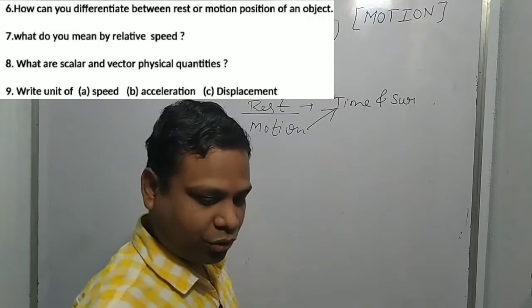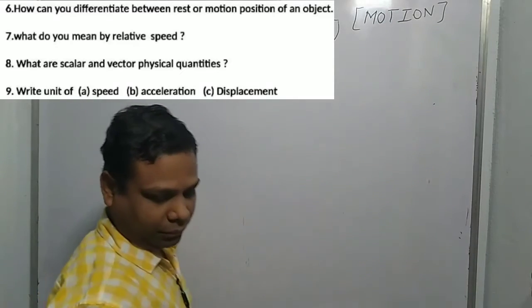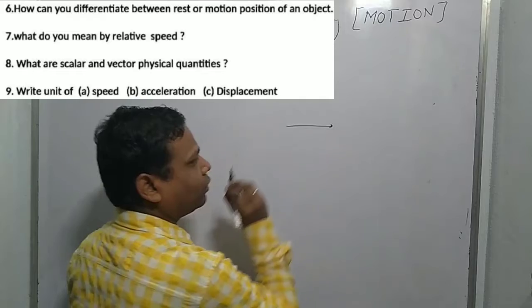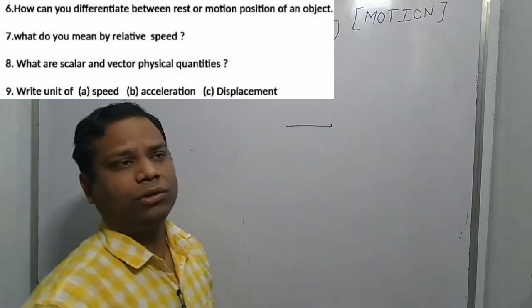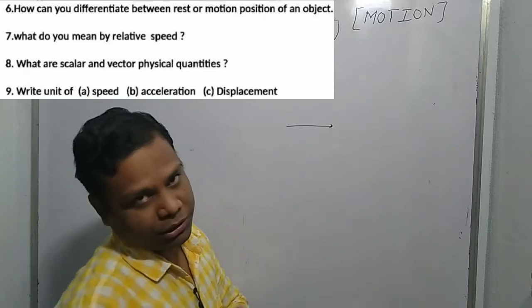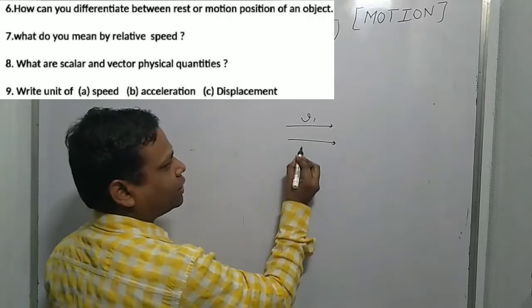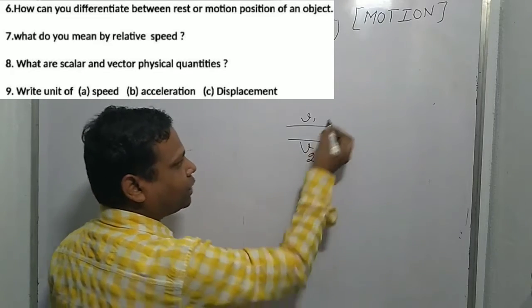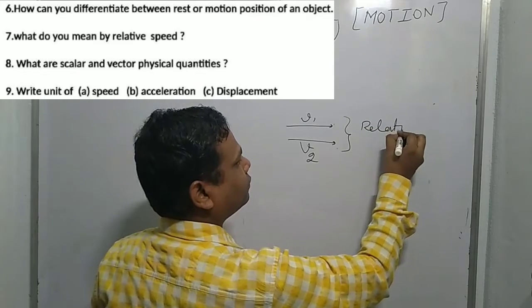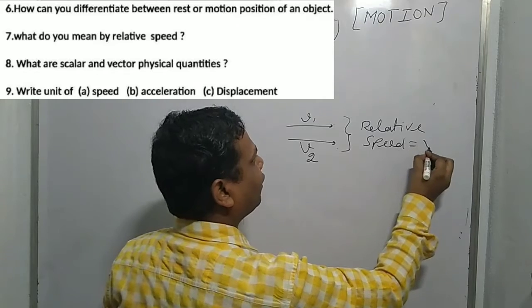Okay students, next question. What do you mean by relative speed? Listen student, relative speed is the comparison of two objects moving in the same direction or in opposite directions. If the first object's velocity is v1 and the second object's velocity is v2, and both are in the same direction, then relative speed is the difference.